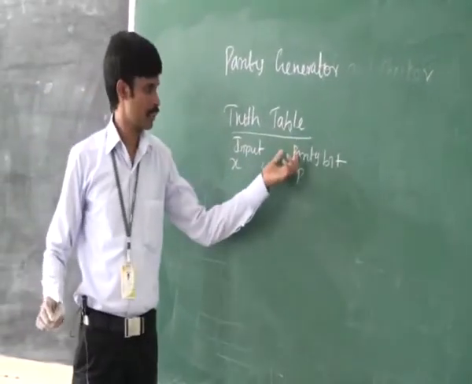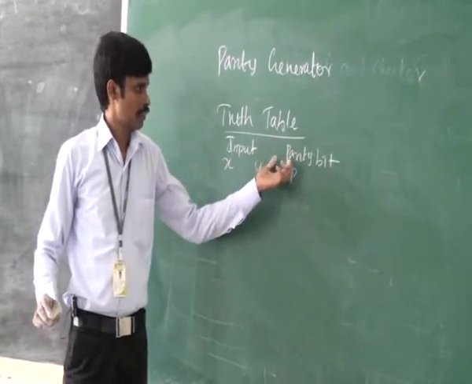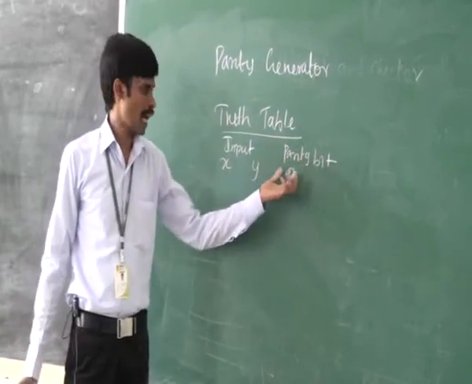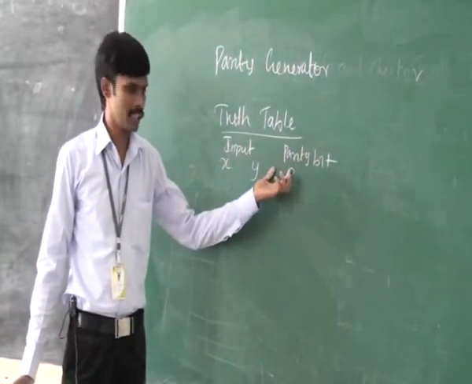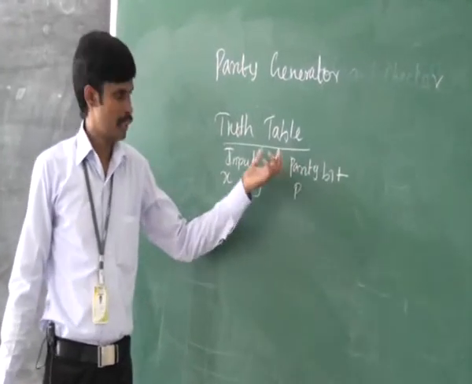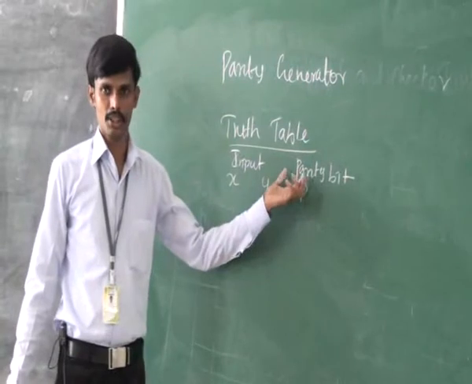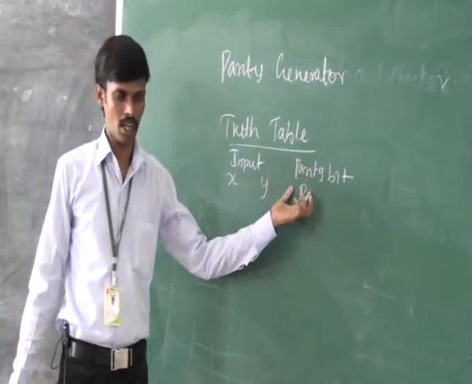Actually, the parity bit can be either even parity or odd parity. For even parity, parity must be generated to make the total number of ones even. In case of odd parity, parity must be generated to make the total number of ones odd.